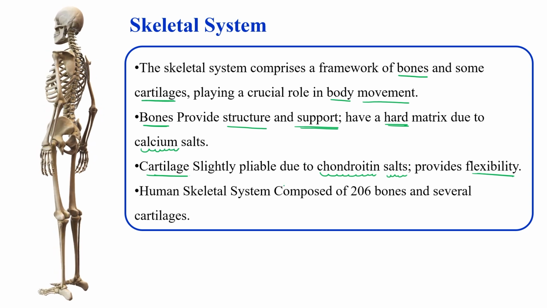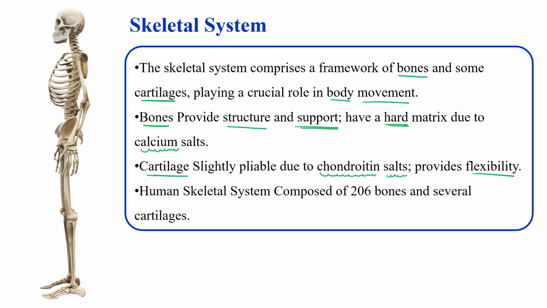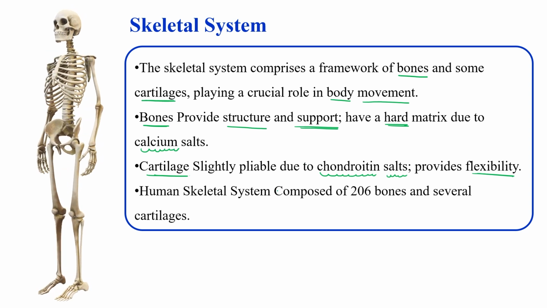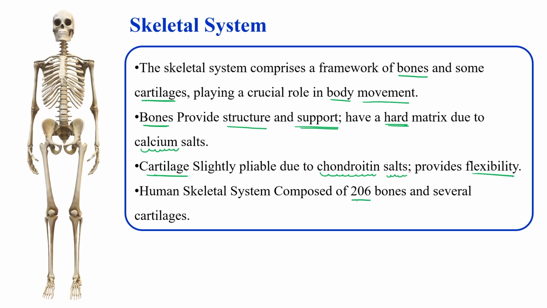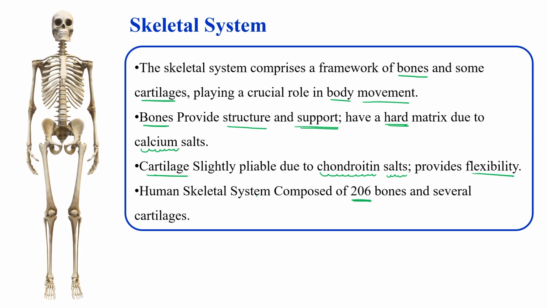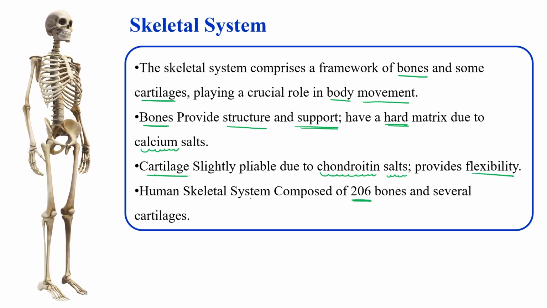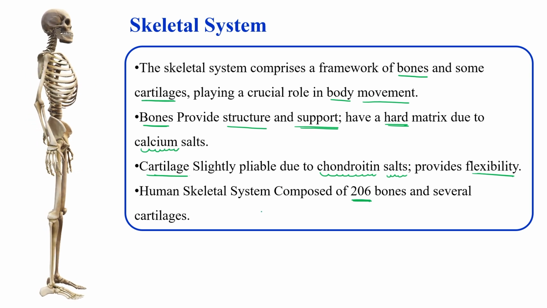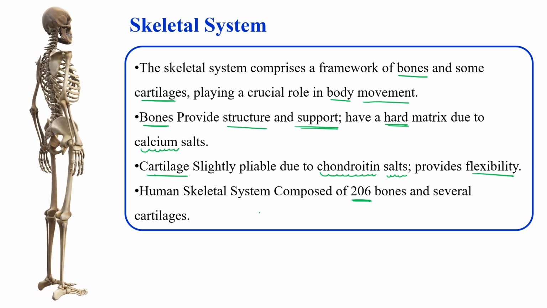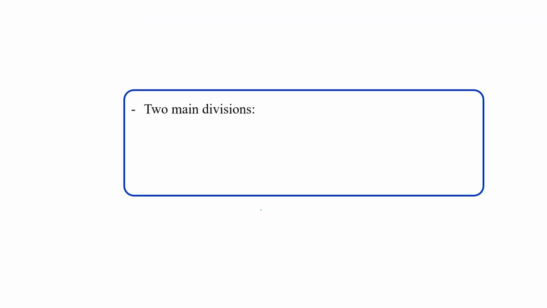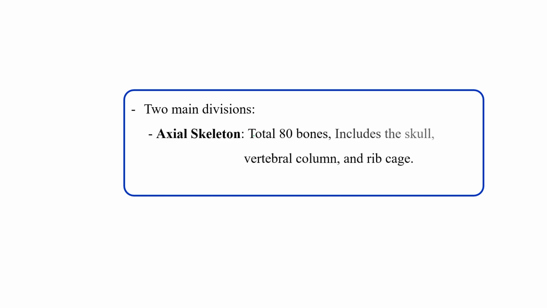and because of the cartilage there is some flexibility in our body. Our human skeleton system is composed of a total of 206 bones and several cartilages. So the total number of bones present in our body is 206. Clear? So we can mainly divide this skeleton system into two different parts.